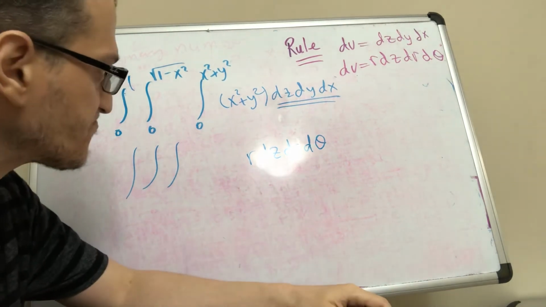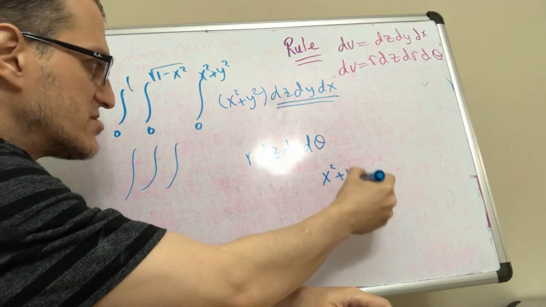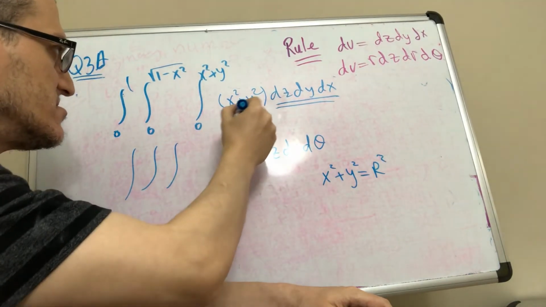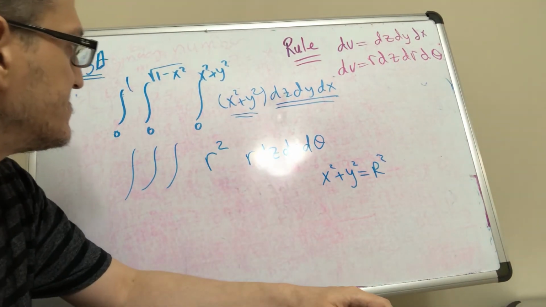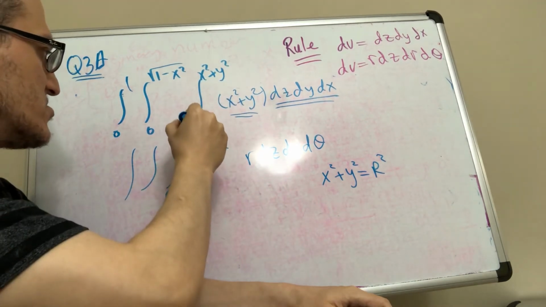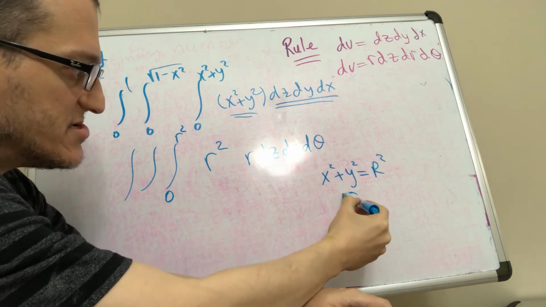Okay, let's see. First of all, we know x squared plus y squared means r squared. So this you can replace and say it's r squared. This is 0, and this also r squared. Now, you need to know your radius.